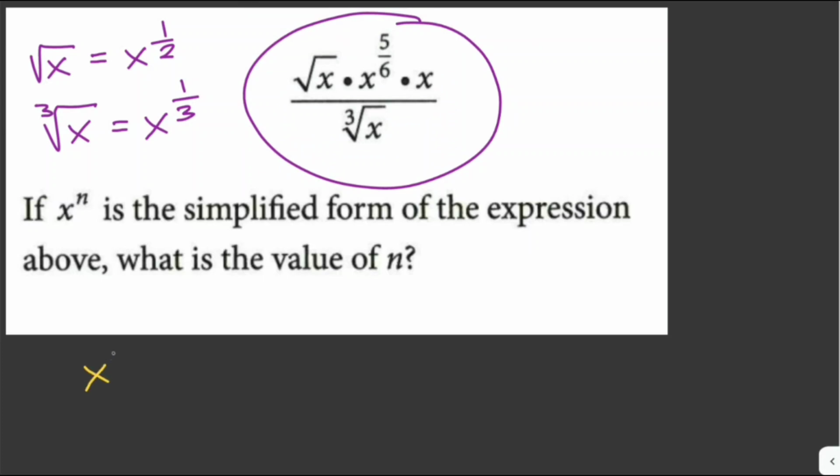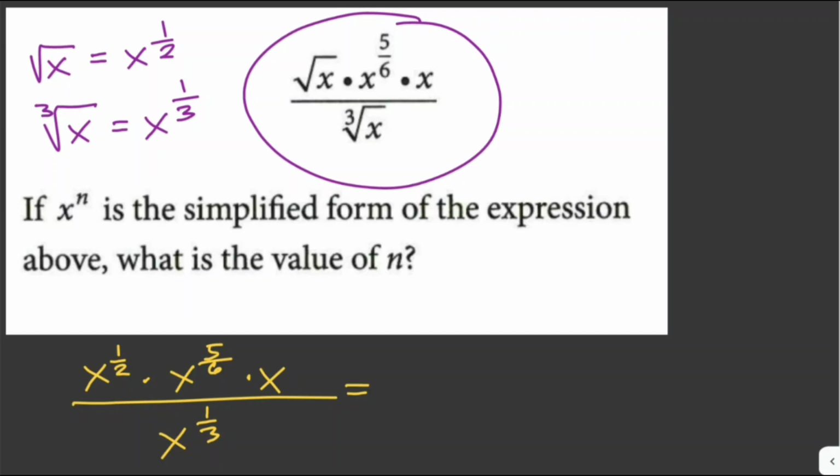So this is just x to the 1/2 times x to the 5/6 times x over x to the 1/3. So let's simplify the terms in the numerator first.